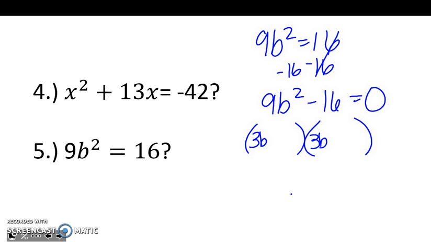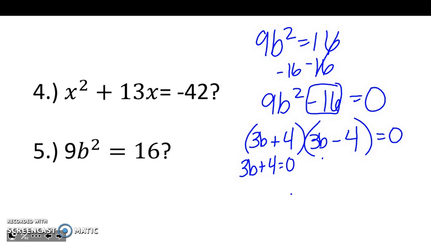But remember, it has to cancel out the b's and it has to equal a negative 16. So you're going to need one 4 to be negative and the other 4 to be positive. And then you set both of those equal to 0 and you solve. So you should get negative 4 over 3 and positive 4 over 3.